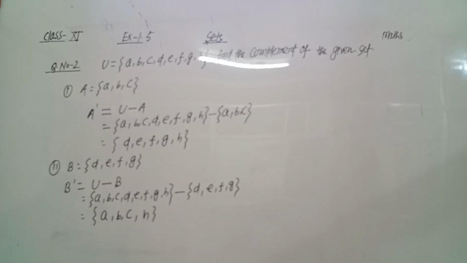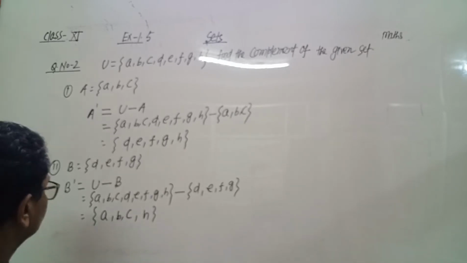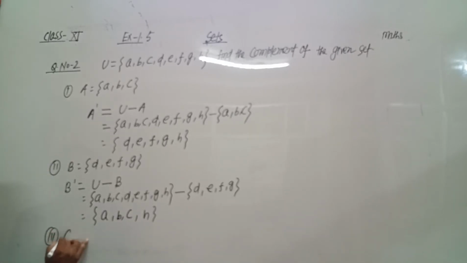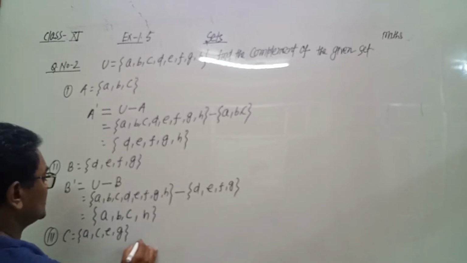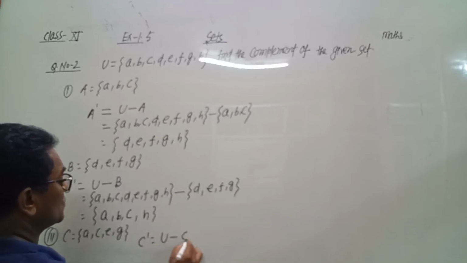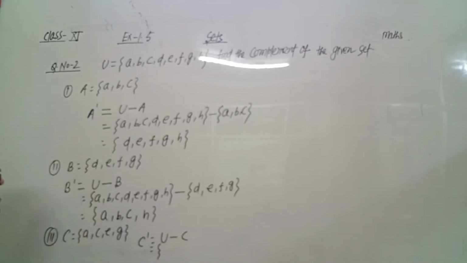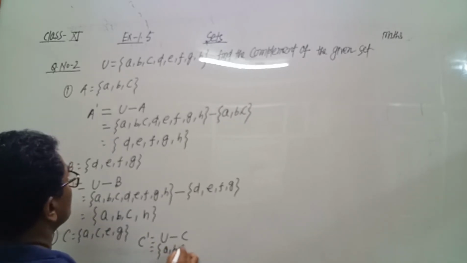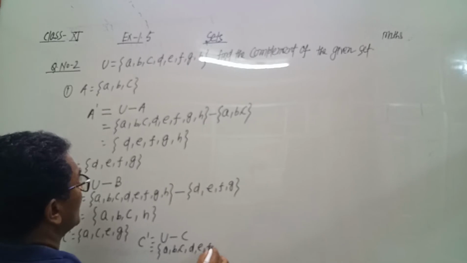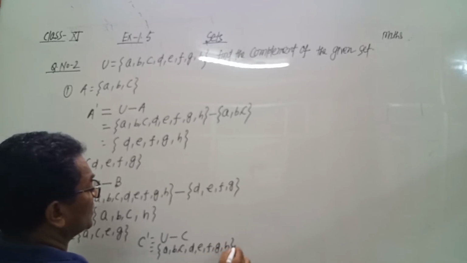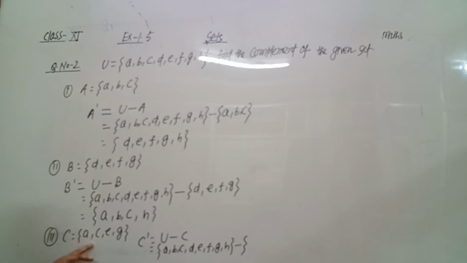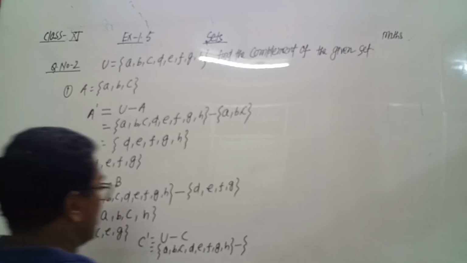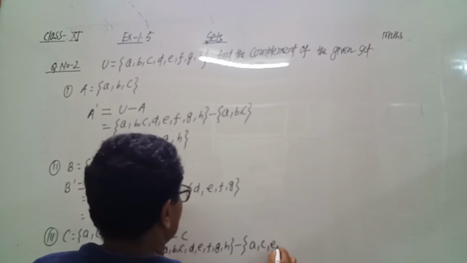Then C = {A, C, E, G}. We have to find the complement of C, meaning calculate C dash equals U minus C. Write the value of U, {A, B, C, D, E, F, G, H}, minus C, which is {A, C, E, G}.